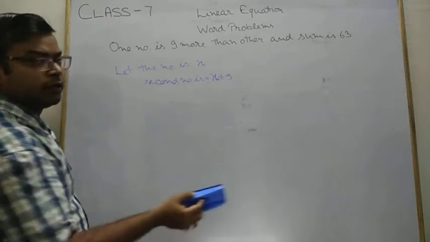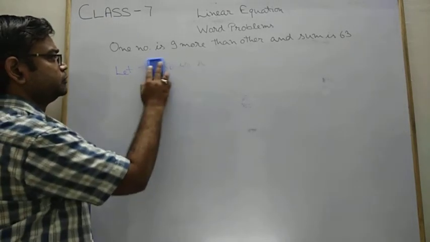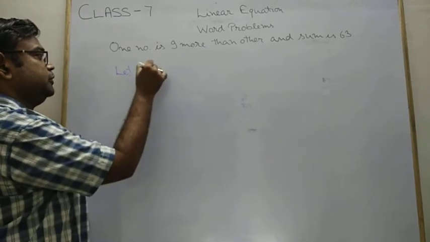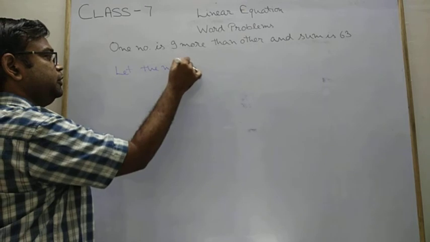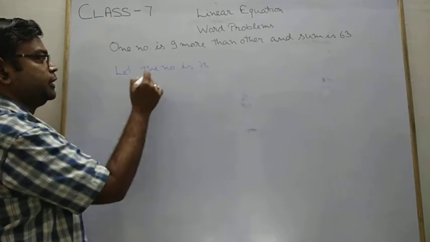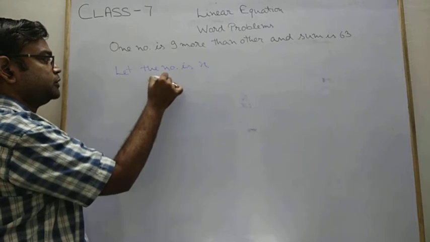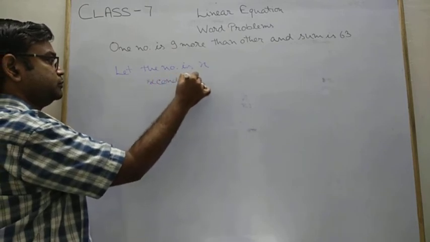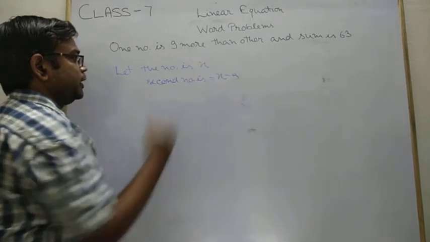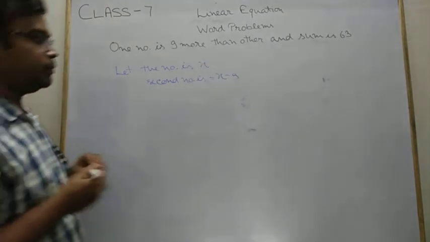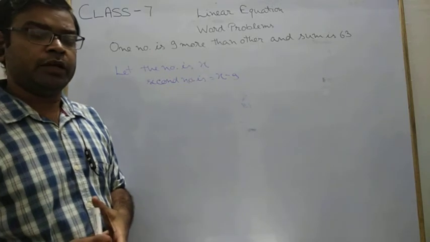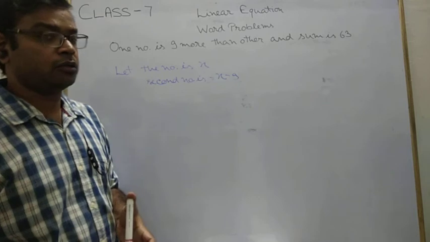Either you can suppose likewise, or you can change the language. Let the first number be x, and this x is 9 more than the second, so the second number must be x minus 9. Both ways are the same. You can use both ways and solve it.